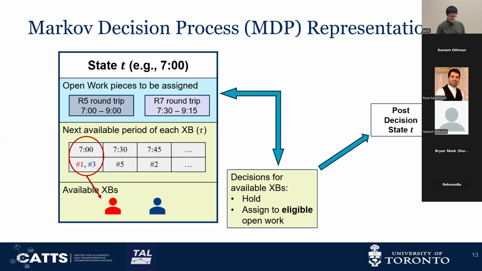And from these decisions, we evolve into a post-decision state, T, by updating the states of both demand and supply. And as more newly opened work pieces are revealed, we transition to the next stage. And this continues towards the very end of the planning horizon.